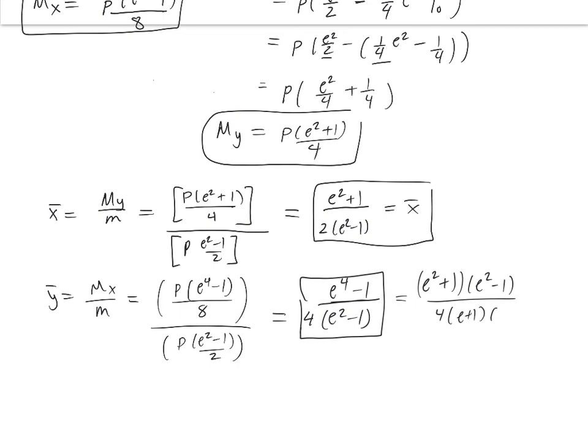Wait, can't you just say e squared minus 1 and then cancel? Oh yeah, you could just cancel that out completely, sure. So e squared plus 1 over 4. Yep, it's a little bit faster than whatever you're doing. I was going to take it one step further, which was silly.